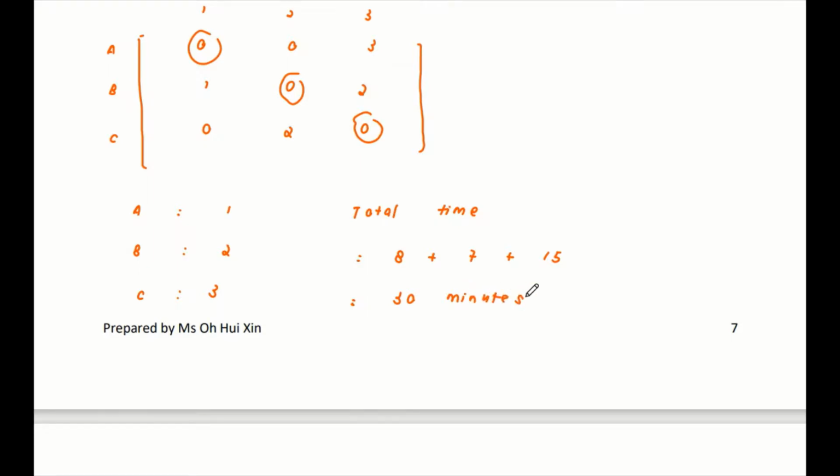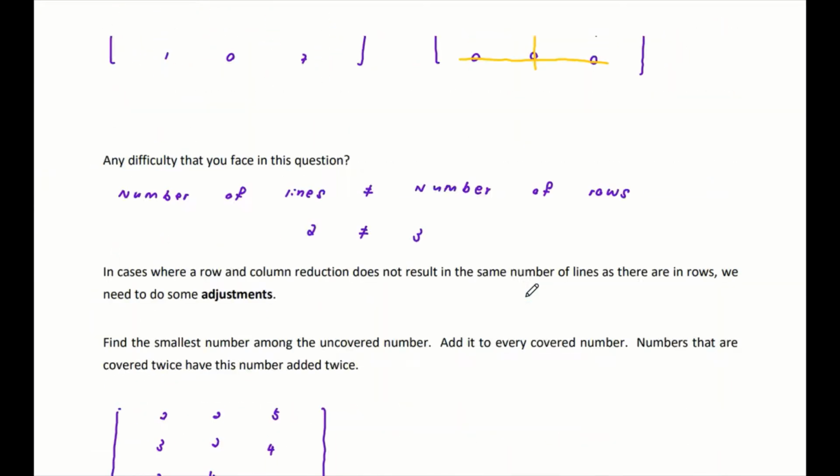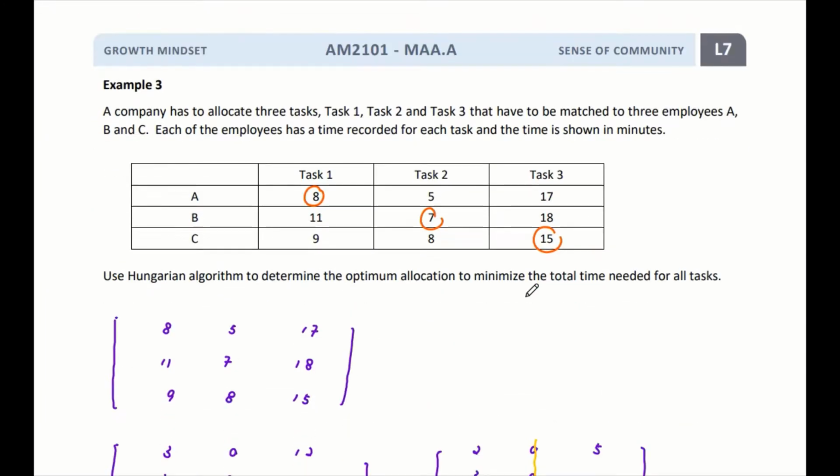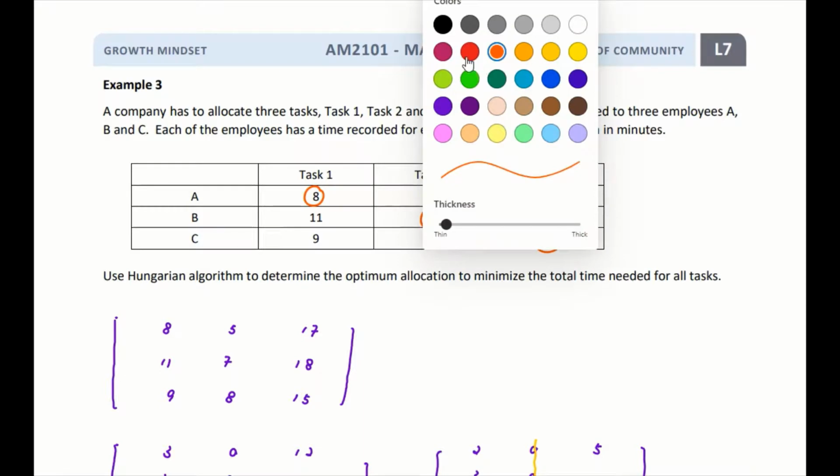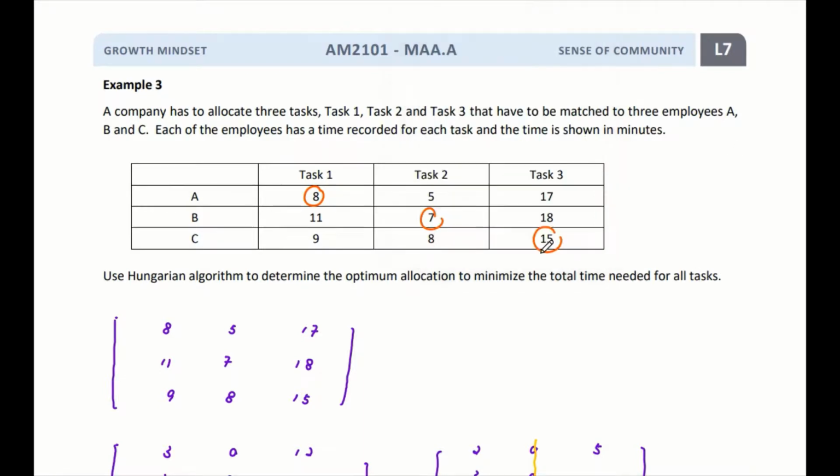Okay, so same thing. You can always go back to the question and check whether this answer is a logical one or not. I mean, this is not a very difficult one since you only have a 3 times 3 situation, right? So if you think that maybe the 7 here is not good and you want to pick here, then after you pick this, you cannot choose A for task 1 anymore, right? So maybe you say, okay, 9 is not bad, then you can try to choose this.